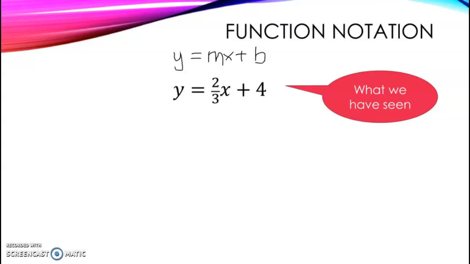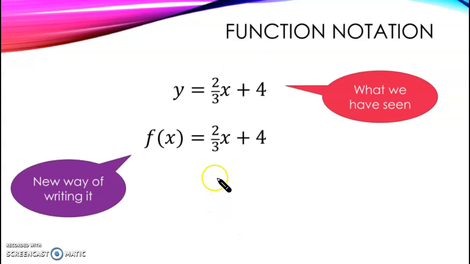Now let me show you how function notation is going to look. If you notice, the right-hand side of the equation is the same. We still have the 2/3 x plus 4, and the left-hand side has a new thing in place of y.